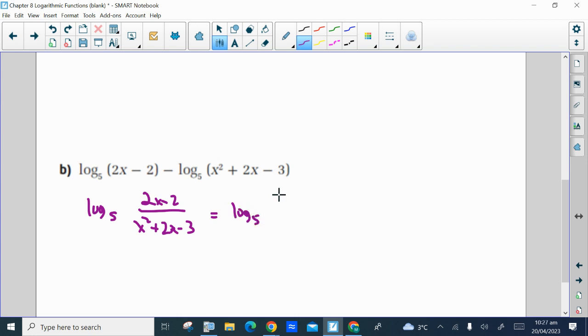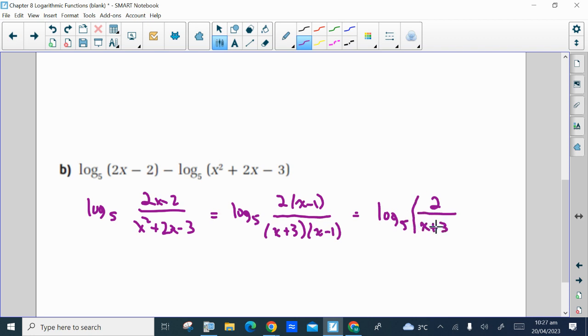The numerator has a common factor of 2, and the denominator is a trinomial. The factors there would be x plus 3, x minus 1. And this allows us to simplify, because you can divide top and bottom by a factor of x minus 1. So that would be the final simplified answer.